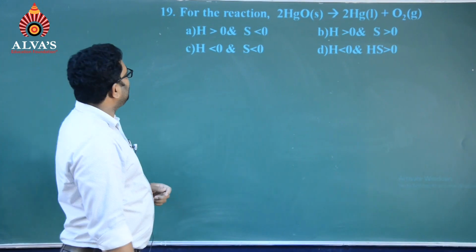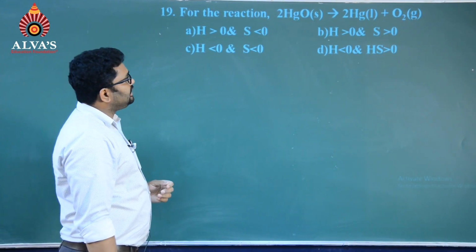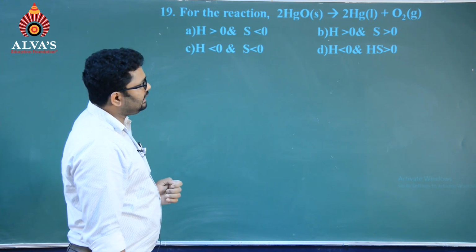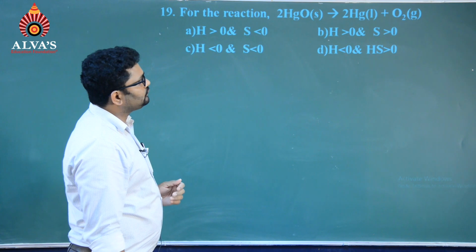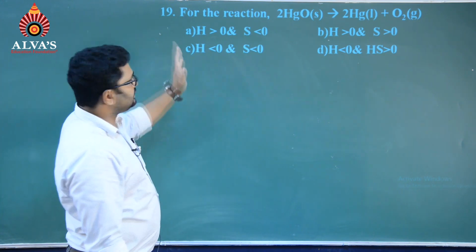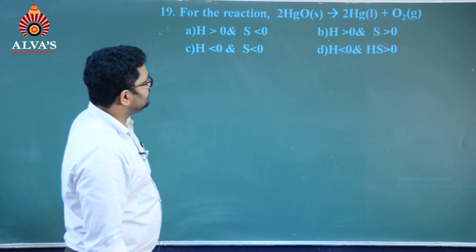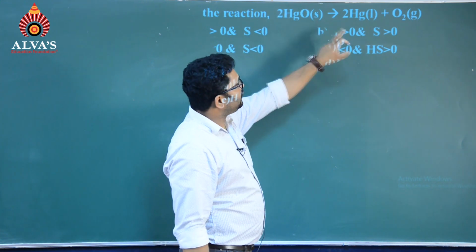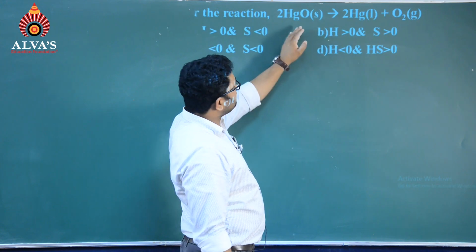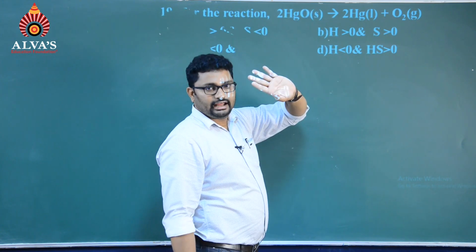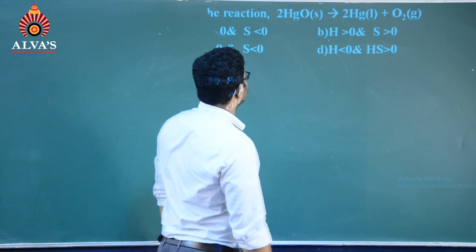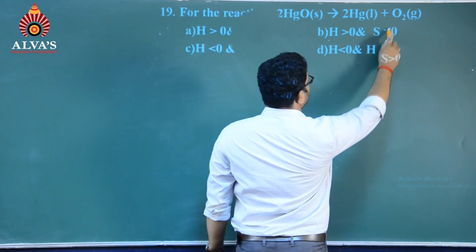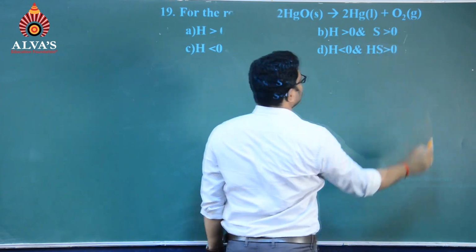Next question. Question number 19. For the reaction 2HgO, that is solid, will become 2Hg, that is liquid, and oxygen gas. Options are there. Now, students, reactant is solid and products are liquid and gas, hence in the forward direction entropy of the reaction increases. S should be positive. We have to consider these two.